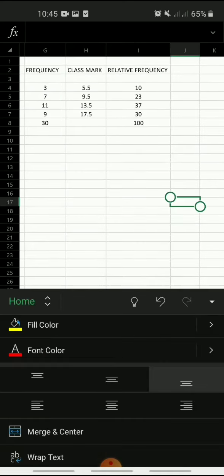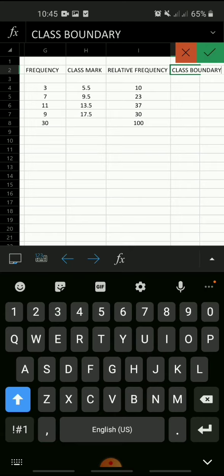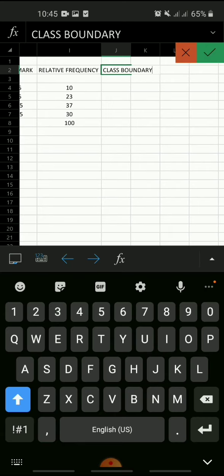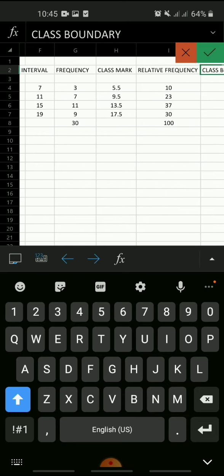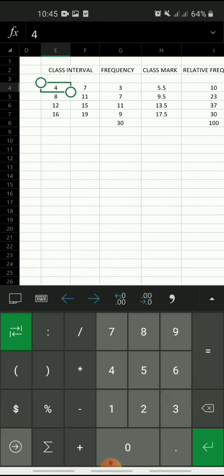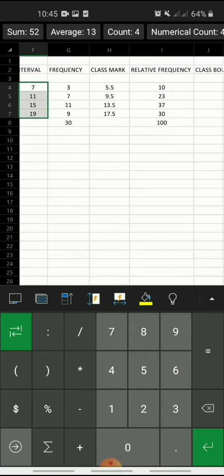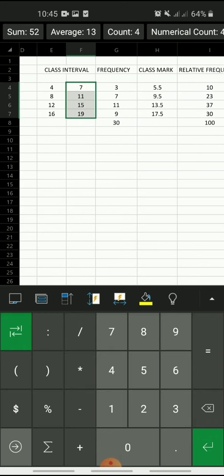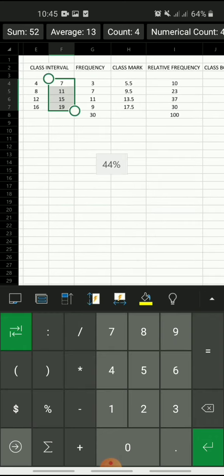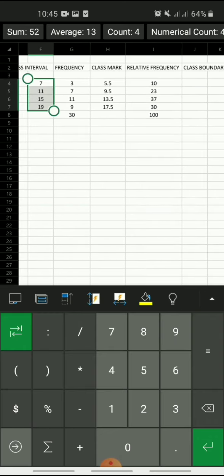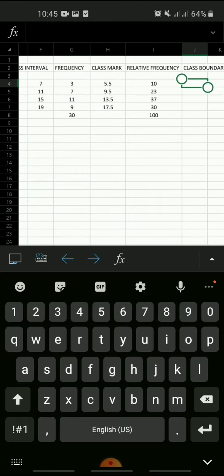Next is to get the class boundaries. According to the rule, the lower limits are reduced by 0.5, and the upper limits are increased by 0.5. So 4 minus 0.5 is 3.5.